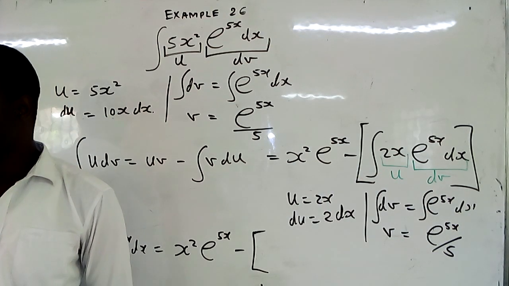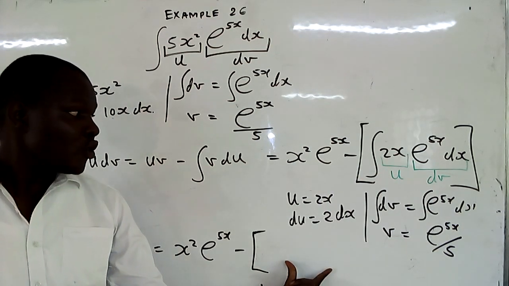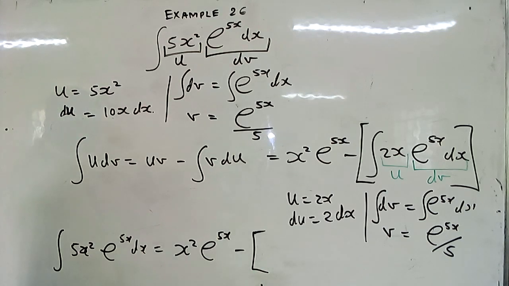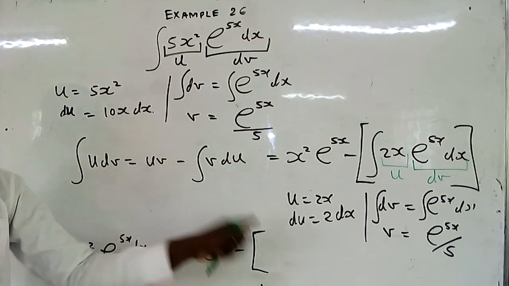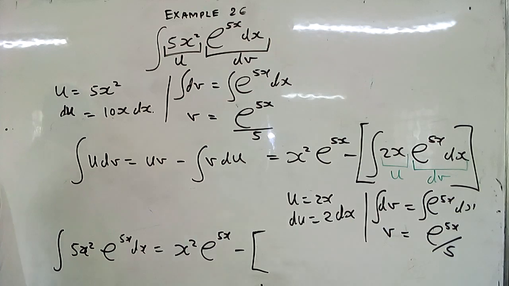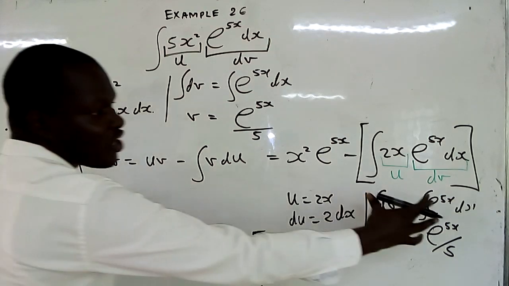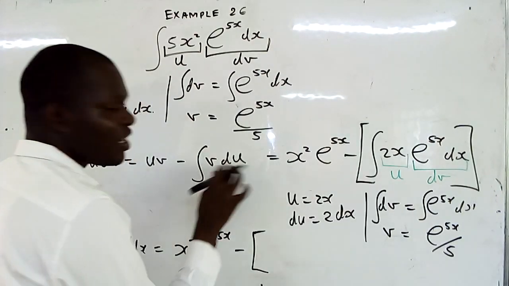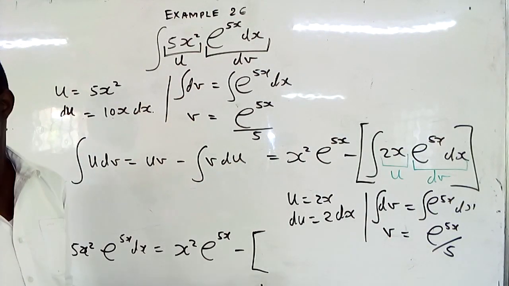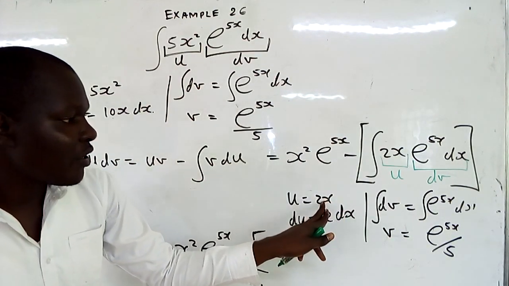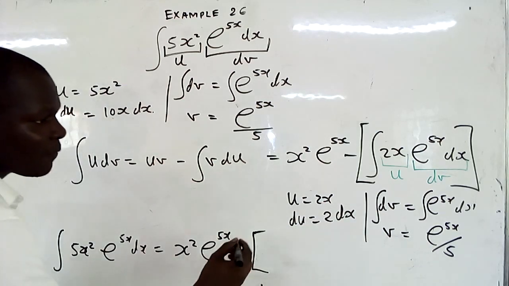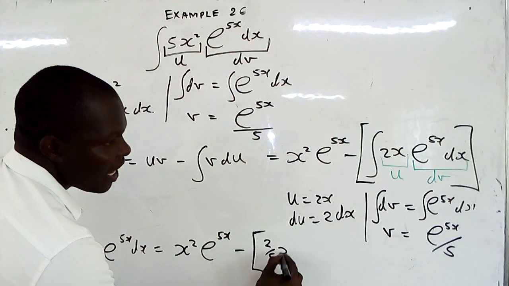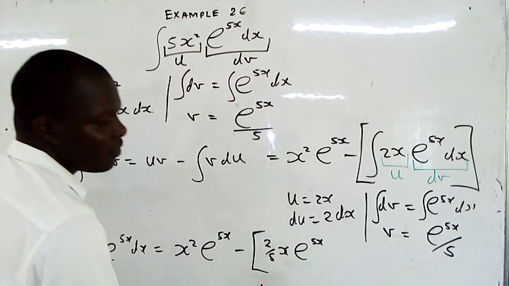Are we together? So what are you getting inside here? You are getting integration by parts, which is uv minus the integral of v du. This is integration by parts. What is inside the bracket? It is uv minus the integral of v du. So what is uv? This times this, you get 2 over 5x exponential 5x.